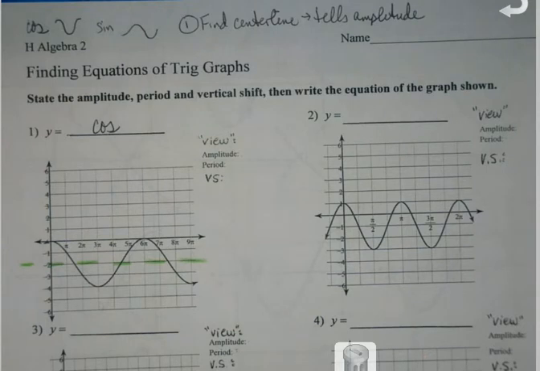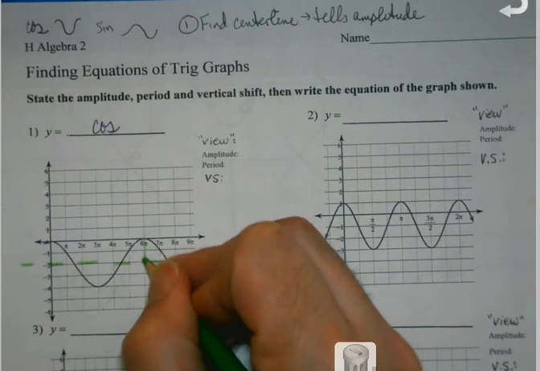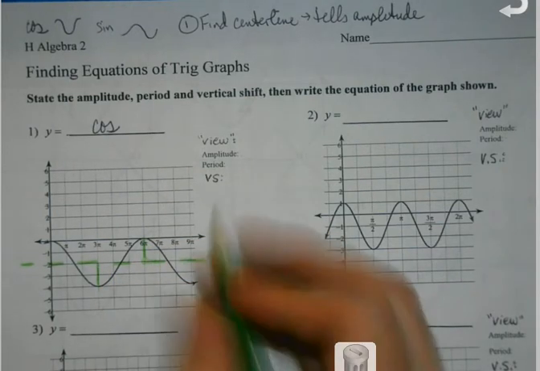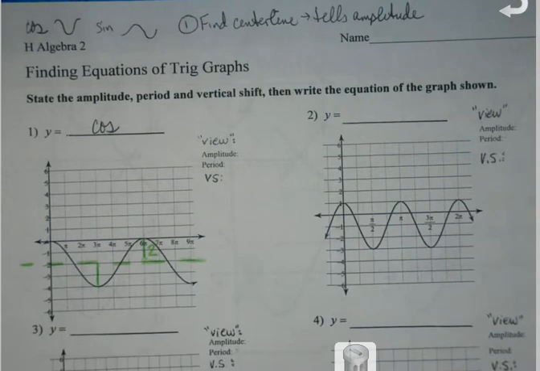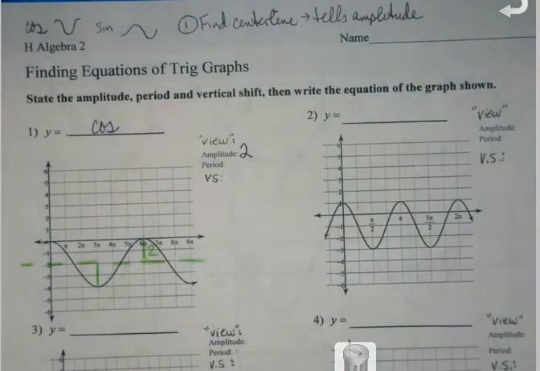So here I notice my distance from the center line to either a min or a max, doesn't matter which one, is 2. So my amplitude is 2. I can figure that out based on my center line.